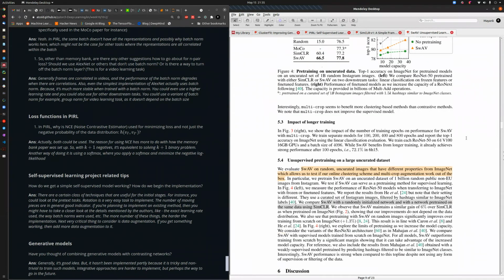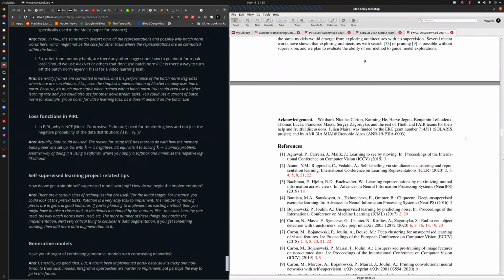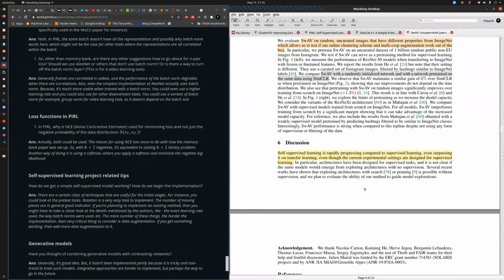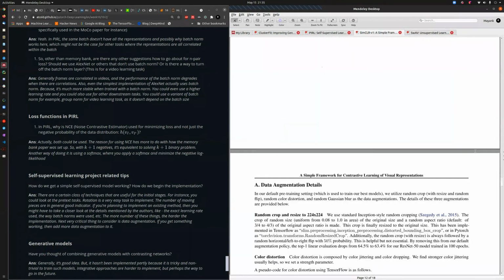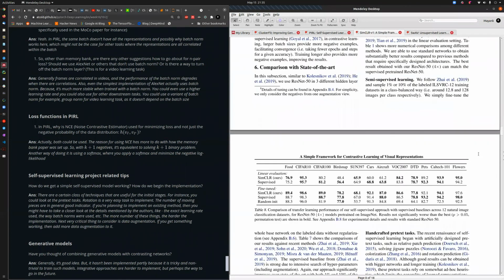Plus, they used a multi-crop strategy. So yep, there are different versions of it. But I think I'm right in these terms.